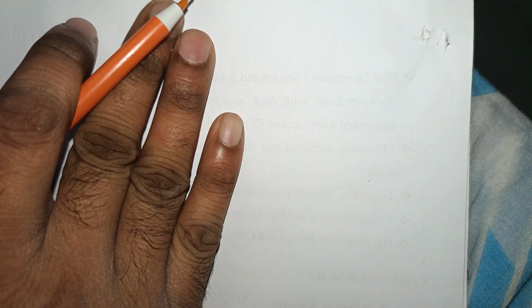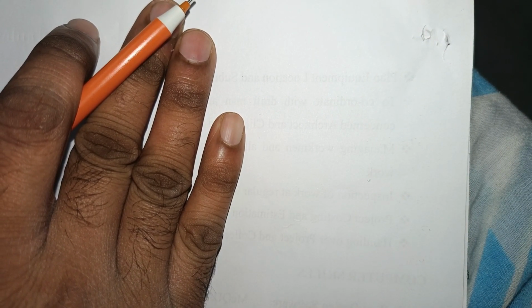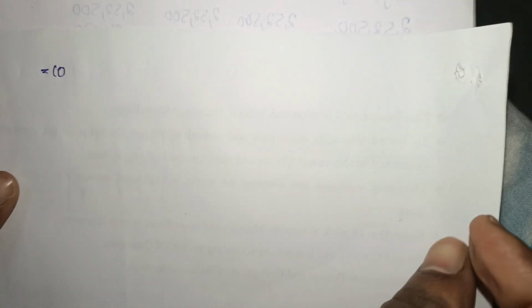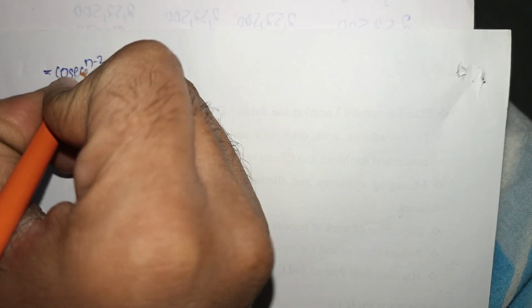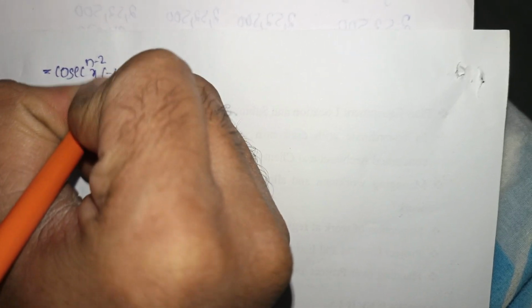So what's next we are going to do is cosecant to the power of n minus 2 x into minus cot x minus of n minus 2.